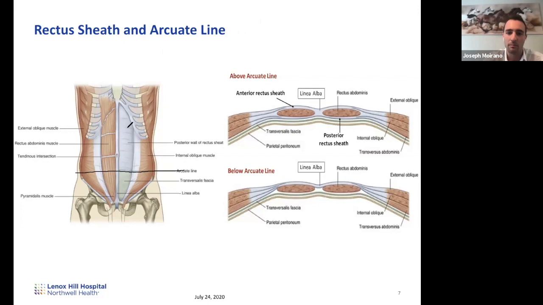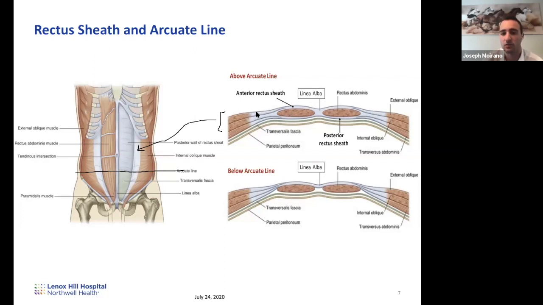So everything above the arcuate line is going to have this orientation like this here. So that's going to go with everything above. And pretty much what's going on here is that we're going to have the internal oblique muscle's fascia going both above and below the rectus sheath.